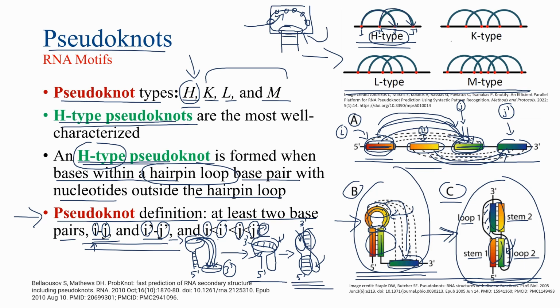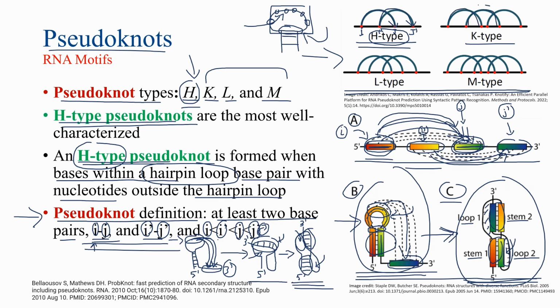And the way I recommend that you understand them is basically by seeing the H-type pseudoknot and then thinking of additions or more complexities that will be added to the H-type pseudoknot in the other types of pseudoknots. So for example, if you're looking at the K-type pseudoknot, I want you to focus at this base pairing that you see here.